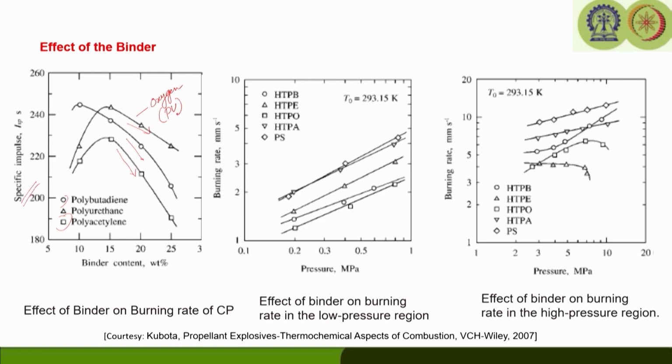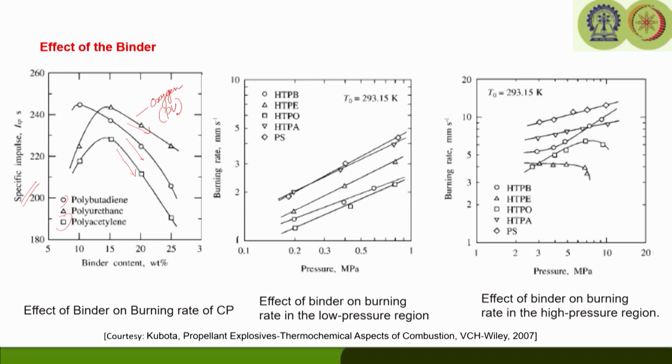Now, we have also seen that the adiabatic flame temperature is going to increase if we decrease the binder content, because then the oxidizer to fuel ratio will be close towards the higher temperature. So, a lower binder content is going to improve the temperature of the combustion products.